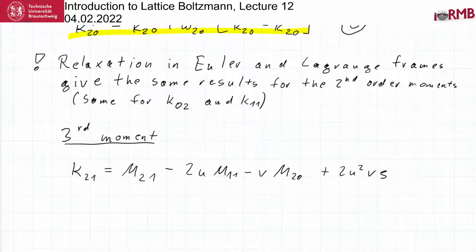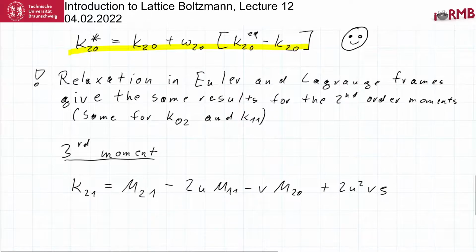Okay, so now this is the transformation between k21 and m21, and we immediately notice that there is a difference between what we had in the second order moments and the third order moments. So in the second order moments, we only had to use some velocity part, which was a conserved part.